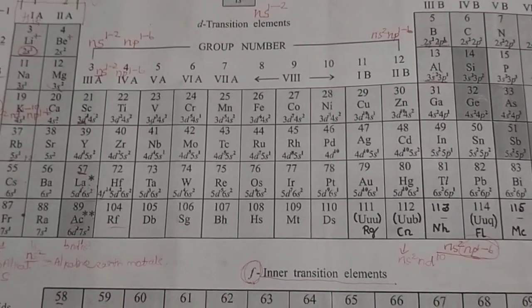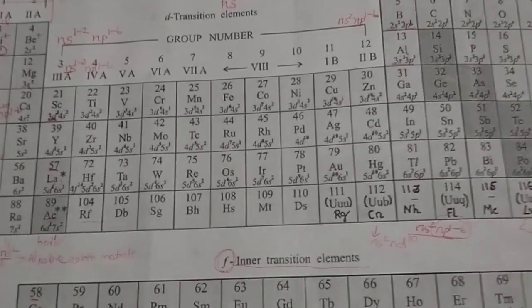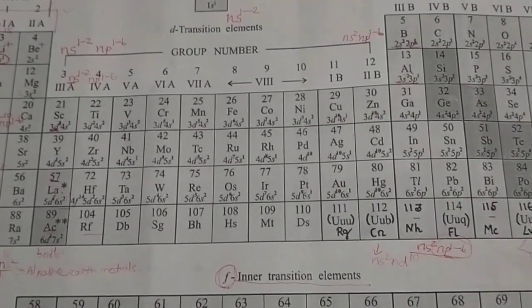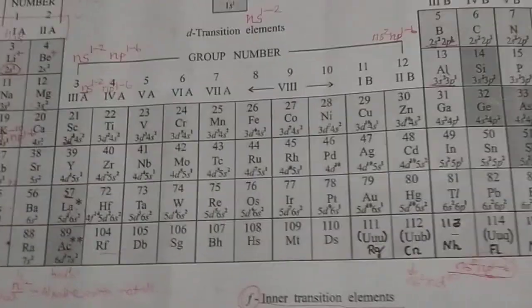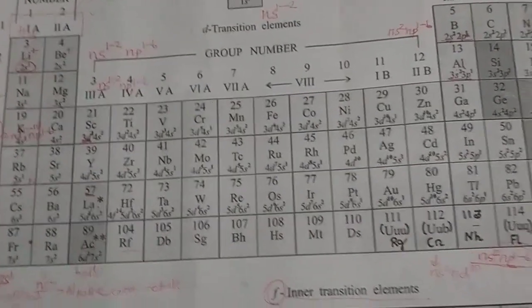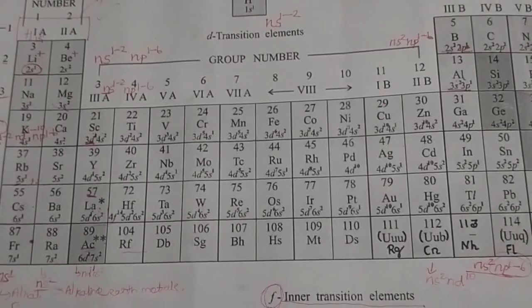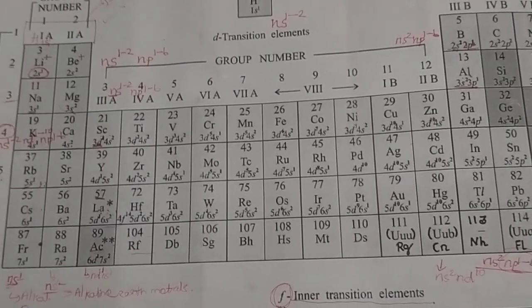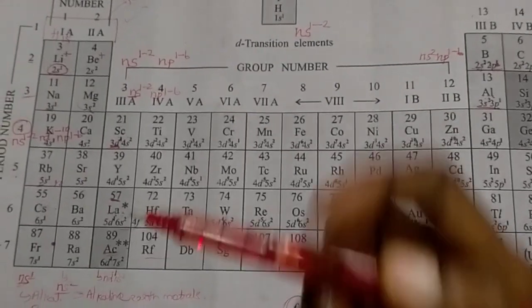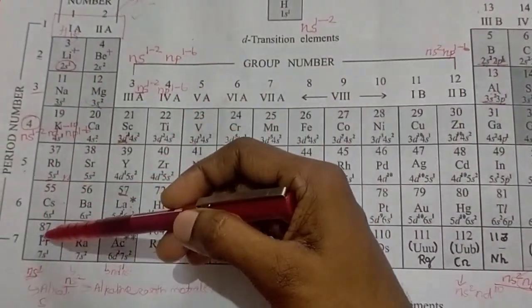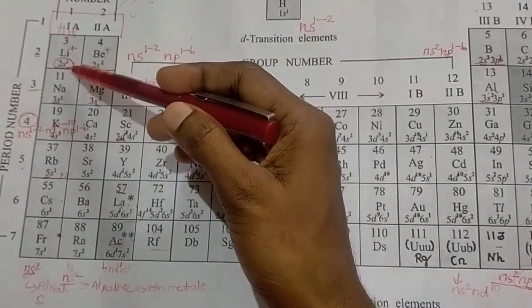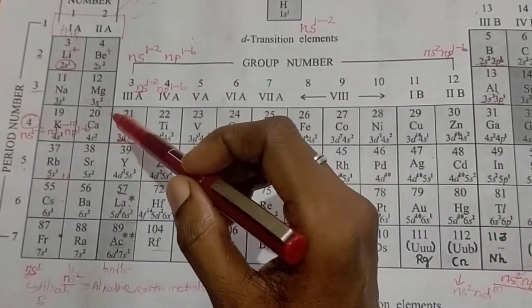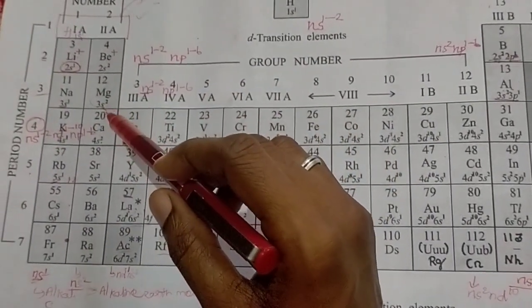So we have some relation between ionization energy and the shielding effect. When we move from top to bottom, you can see the number of orbitals is increasing, and the number of electrons present in those orbitals is also increasing.